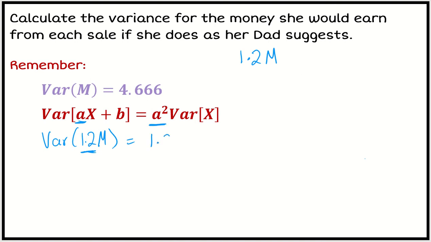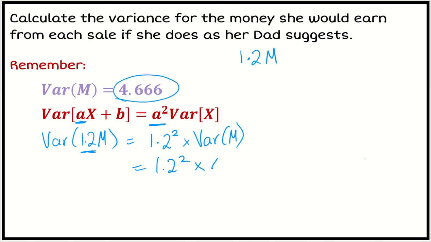So that's going to be 1.2 squared, and I'm going to multiply that by the variance of m, which is 4.666. Multiplying that together gives us a value of 6.700.